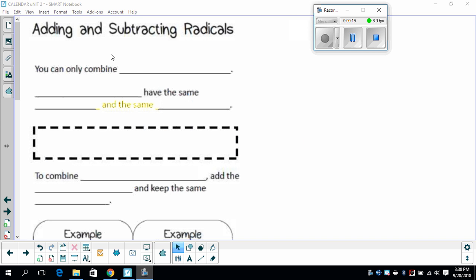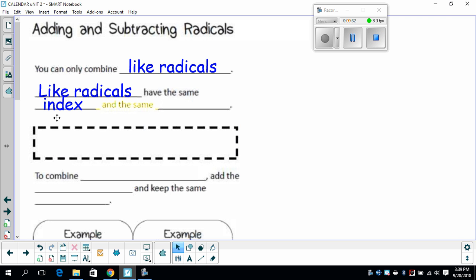So the biggest thing we need to know about adding and subtracting radicals, and this is different from multiplying and dividing, is that you can only combine what we call like radicals. Like radicals have the same index, but also, this is really important, the same radicand.